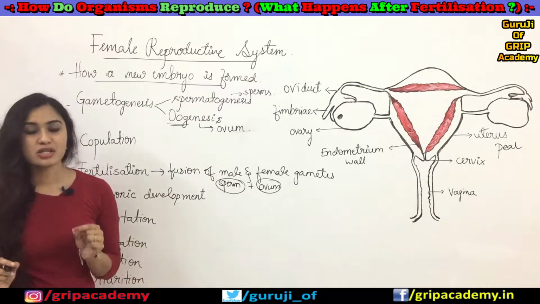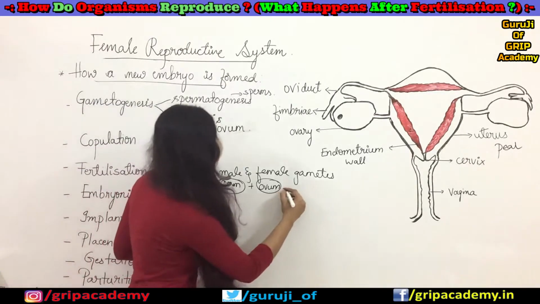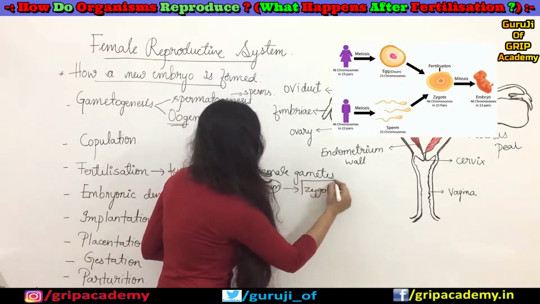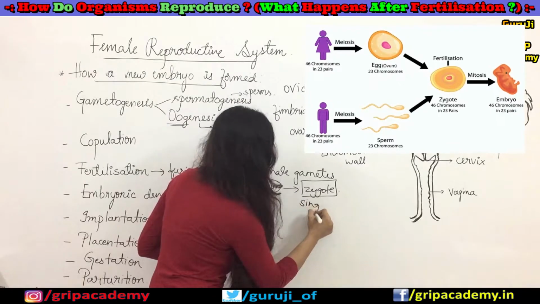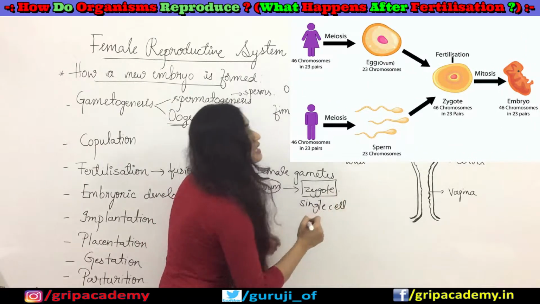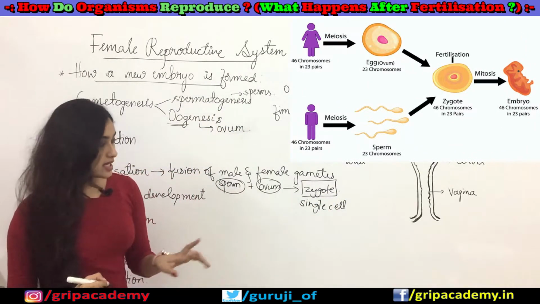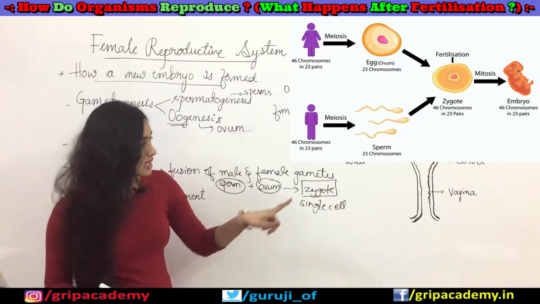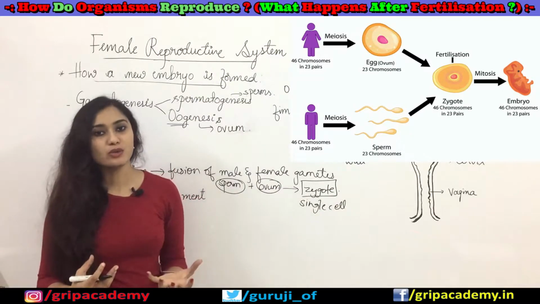This fertilization leads to the formation of a zygote, which is a single cell living organism. Upon undergoing mitotic division, it will develop into a new individual.